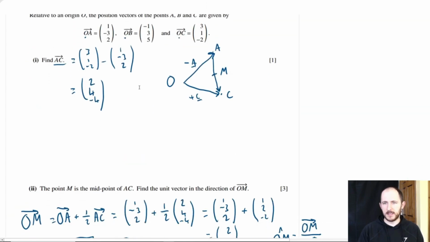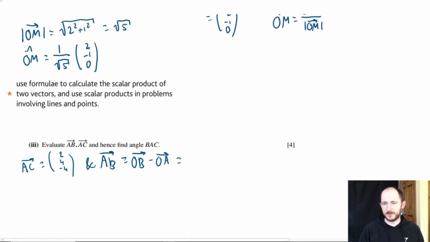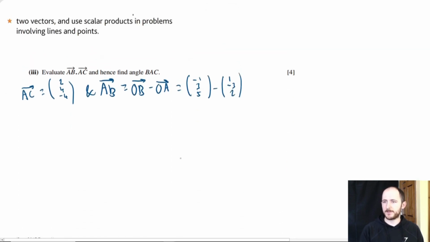So OB is minus 1, 3, 5. And OA, you can go back and check, but I remember it being 1, minus 3, and 2. I'm not that senile yet, thankfully. Which, if I work it out, minus 1 minus 1 is minus 2. 3 minus minus 3 is 6. 5 minus 2 is 3.